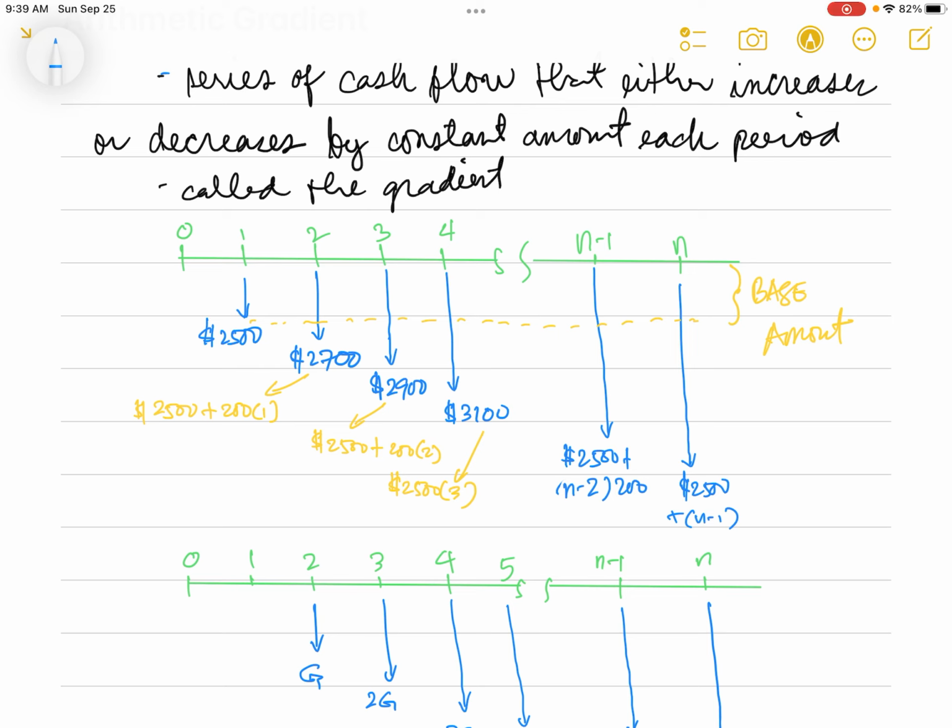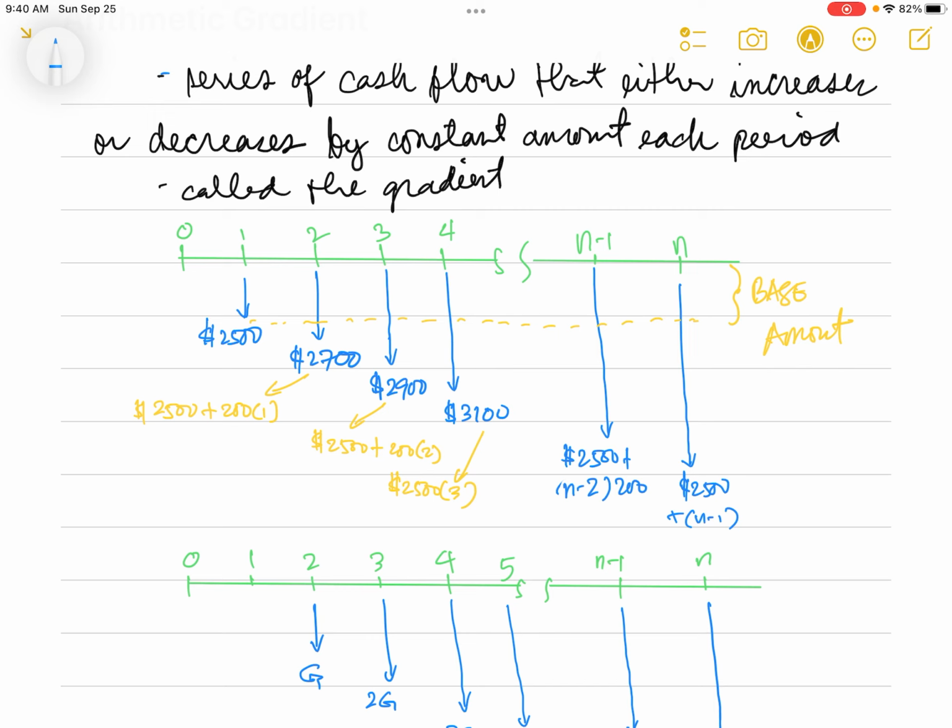At n minus 1, you have 2,500 plus n minus 2 times $200, which is the gradient that we talk about. In other words, you can see that it progressively increases by $200 at the end of every period.